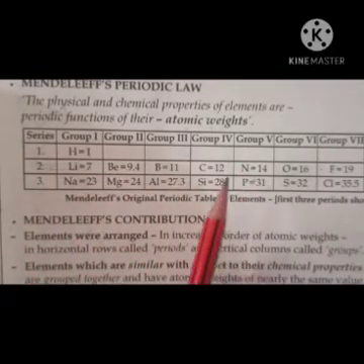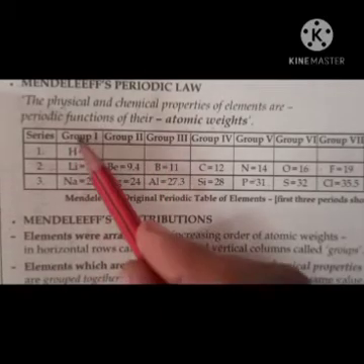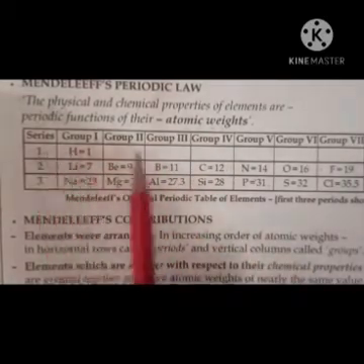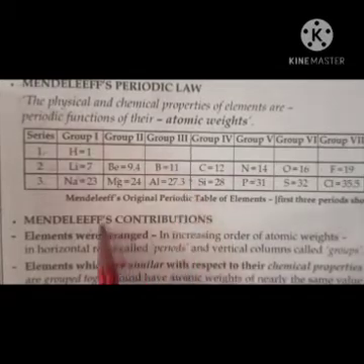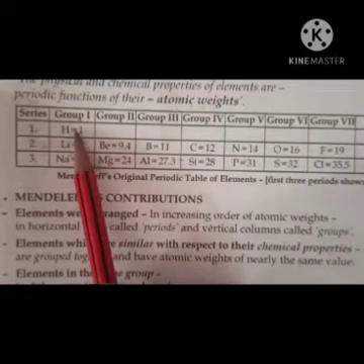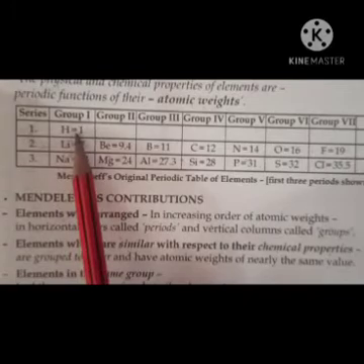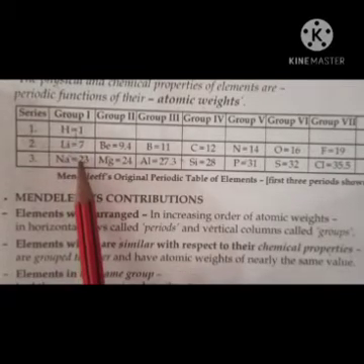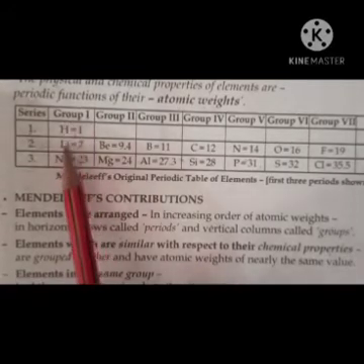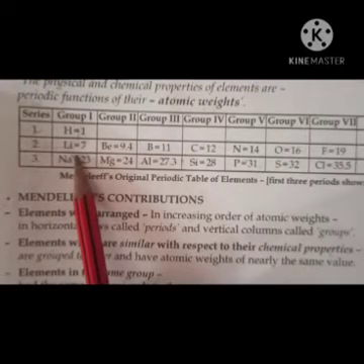Periods, right? And vertical columns are called groups. What are the vertical columns called? Groups, and horizontal lines are called what? Periods. Then elements which are similar with respect to their chemical properties are grouped together in a group and have atomic weights of nearly the same value.